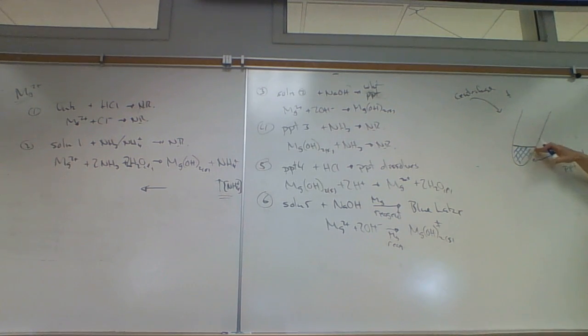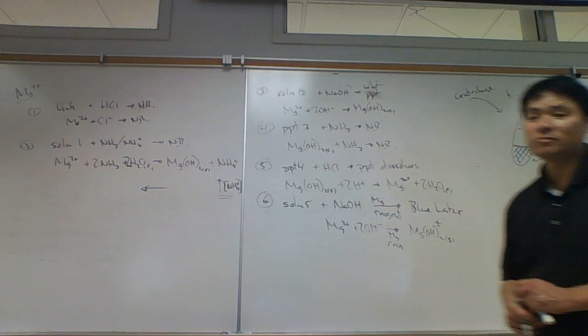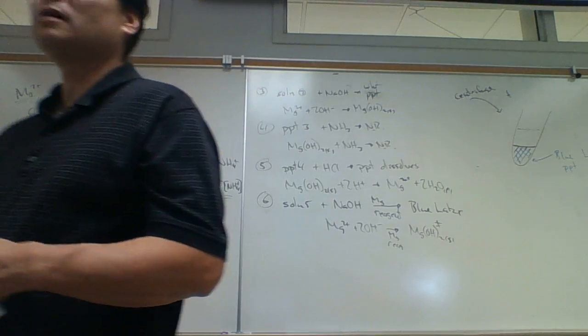It looks like a lake. You just formed a miniature lake on the bottom of the test tube, and above that you should have a liquid layer, the solution, which would be like the sky above the lake. You aren't looking for a blue solution. You're looking for a blue precipitate. So be careful, because if you're just getting a blue solution, that could be a false positive, not a true positive.